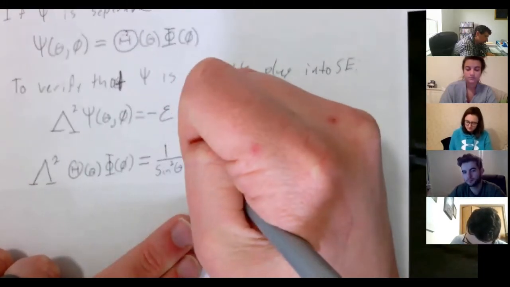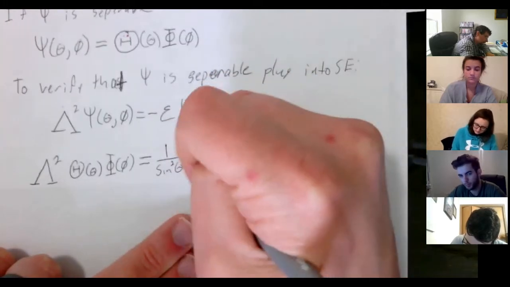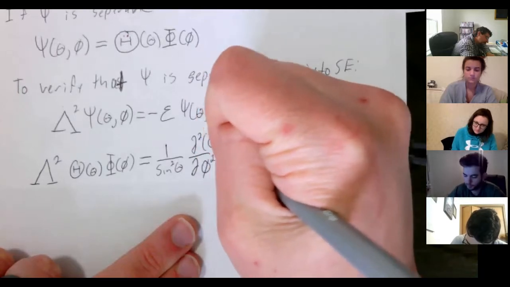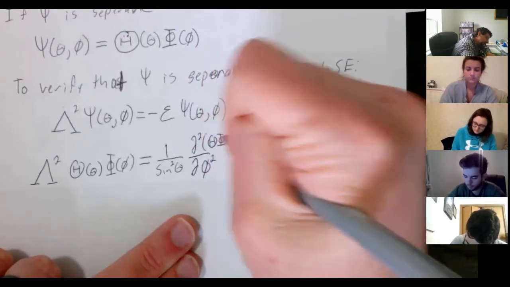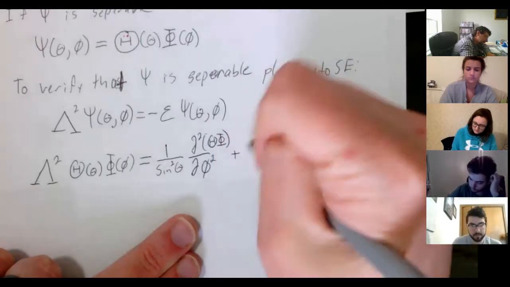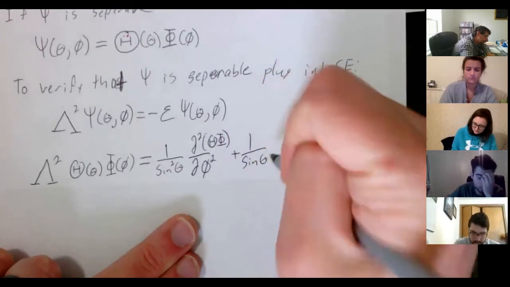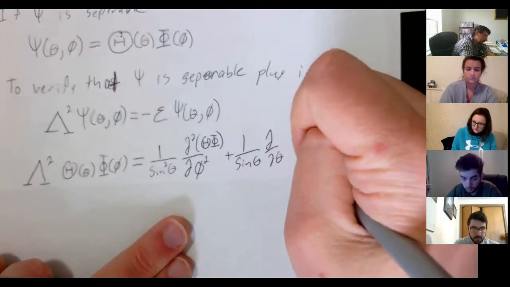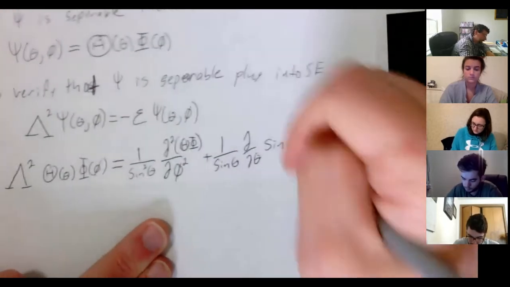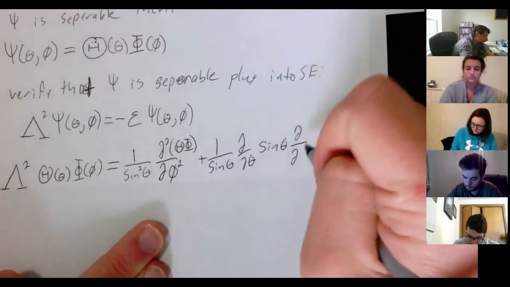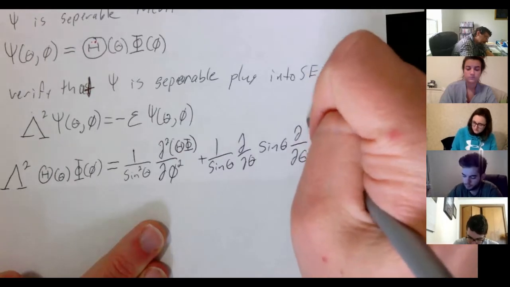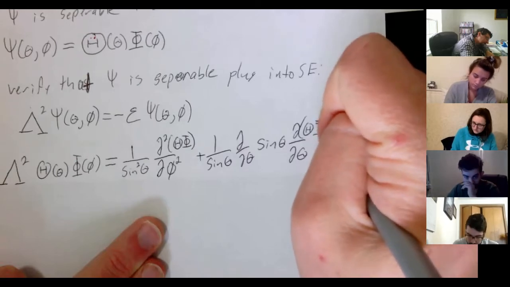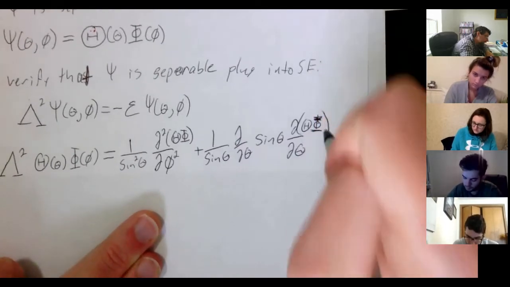We got d phi squared. Both of our terms, we're going to leave off what it depends on for a minute. Plus 1 over sine theta d theta sine theta d theta capital theta phi.